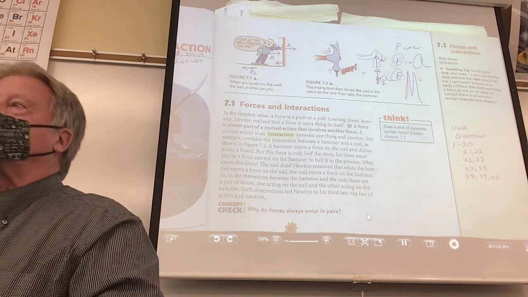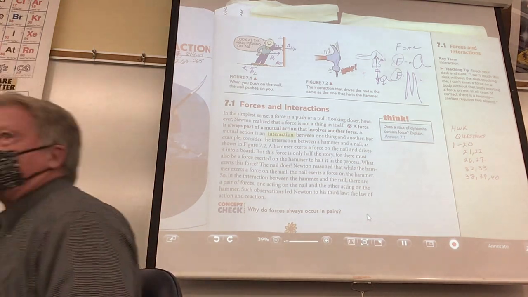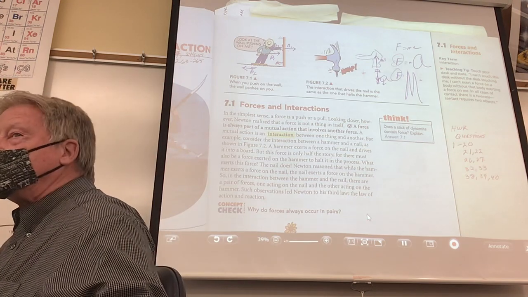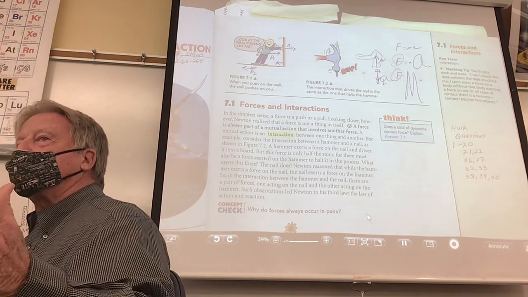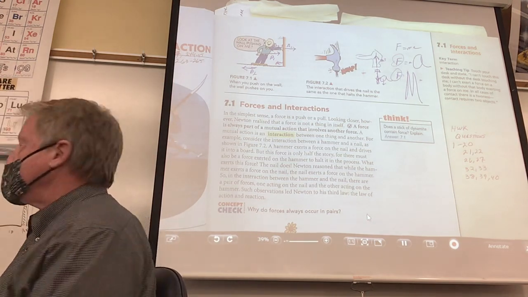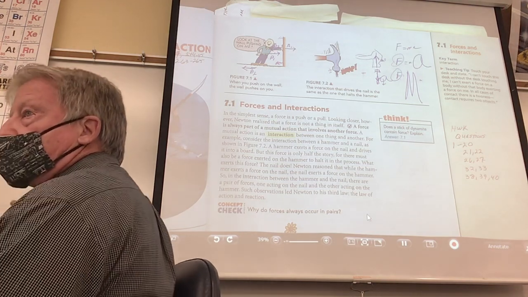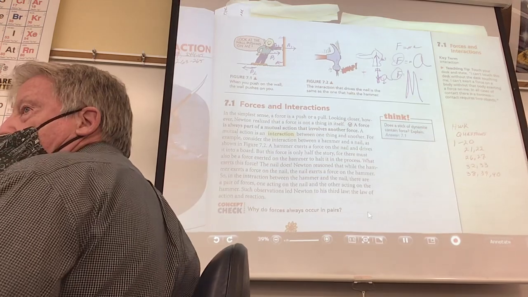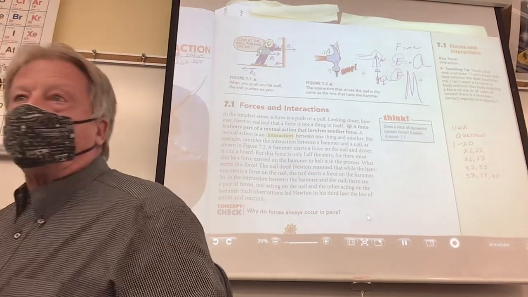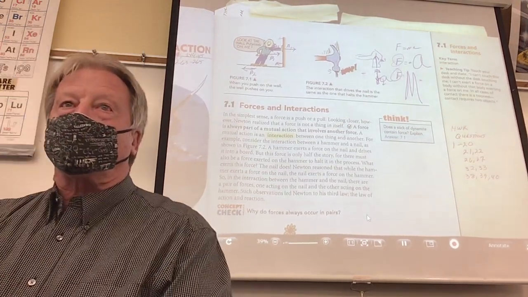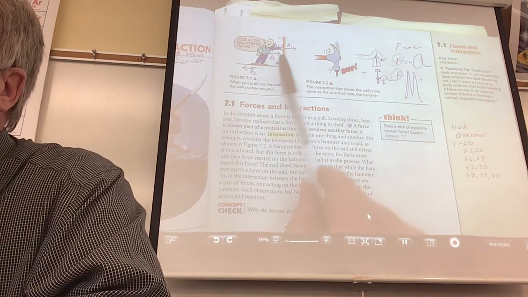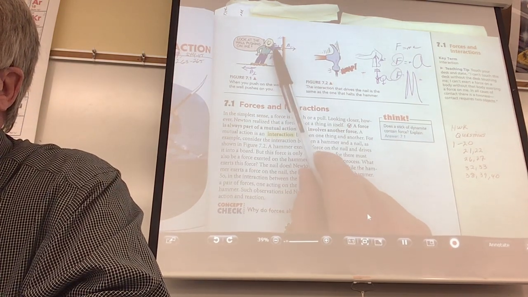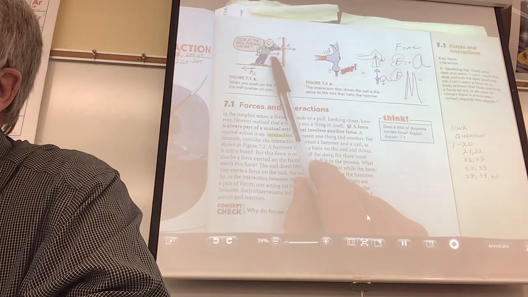And what's interesting is, if I could at least eliminate a little bit of that friction, I can't eliminate it right now. I don't want to put oil in my shoes. But if I eliminate part of it, look what happens. In that case, which one's greater, A2 or B1?